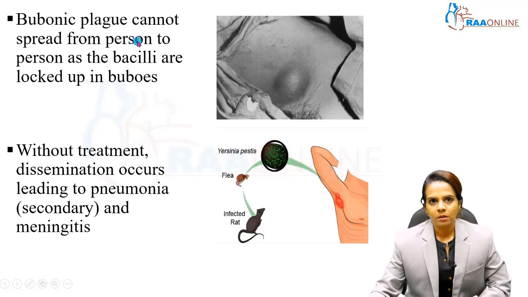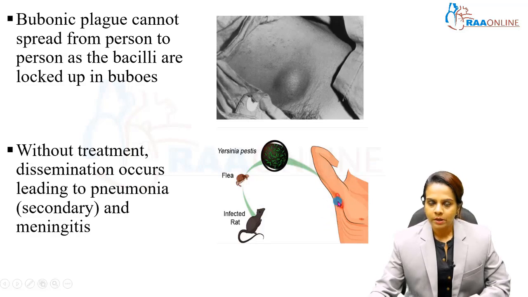And bubonic plague cannot spread from person to person as the bacilli are locked up in buboes. So, here as I told, the infected rat infects the flea, and the infected flea can transmit the infection to humans, causing the bacilli to pass through the local lymphatics and enter the regional lymph nodes and form buboes.